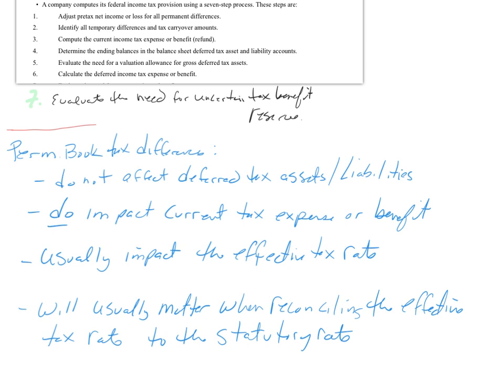So they're usually going to matter when you're reconciling the effective tax rate to the statutory tax rate. Right now, this statutory rate is that 21%. Statutory just means of the law, and so your effective rate is going to be different than your statutory rate.